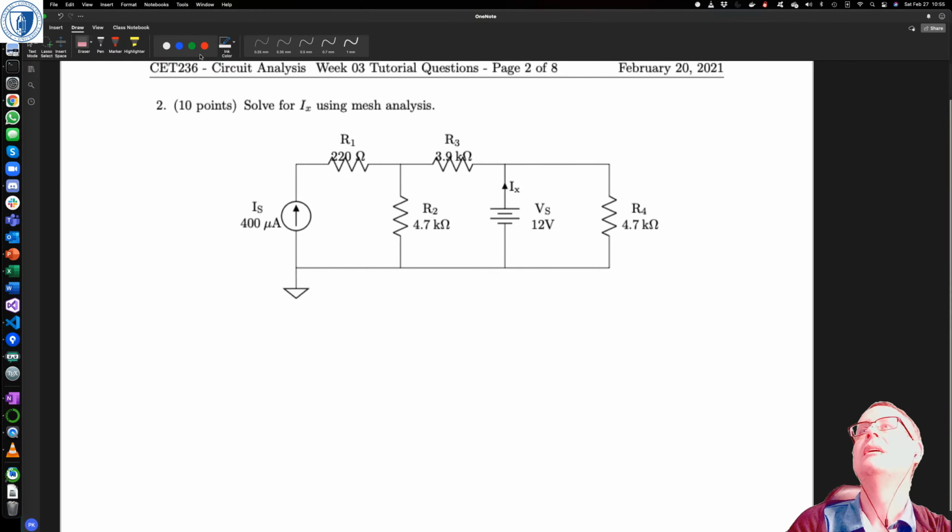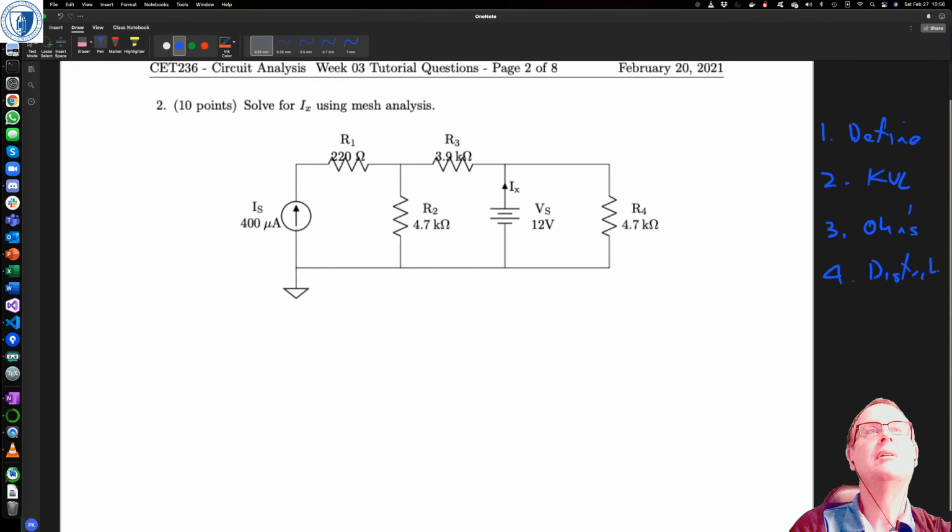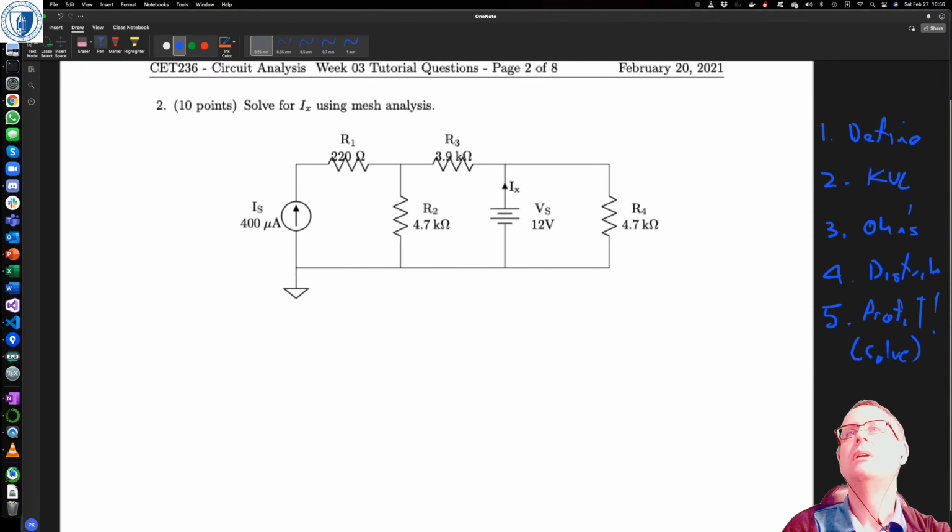And this one, remember, we've got our define, KVL, Ohm's law, distribute and group like terms, and profit. We'll solve. Can somebody from the second group talk us through this one?